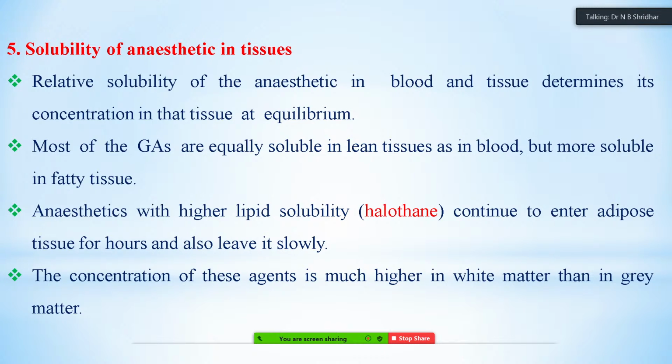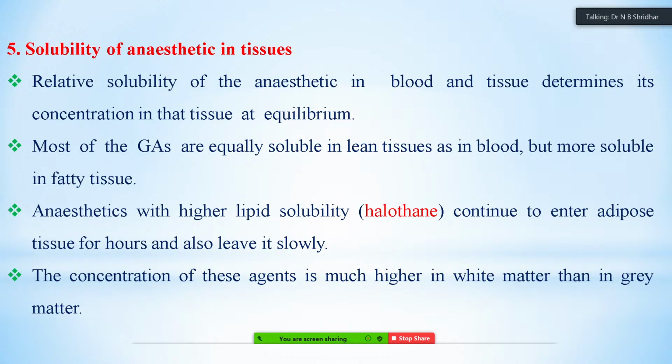Later, after the induction of anesthesia is over, the gas is slowly released. Slowly the halothane is released from the tissue, and it will have certain effects on the brain.